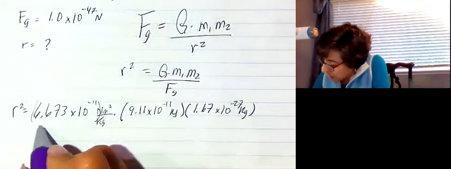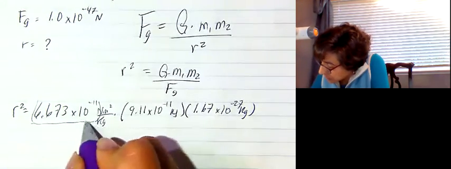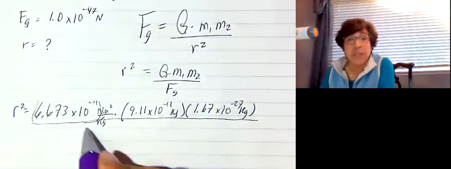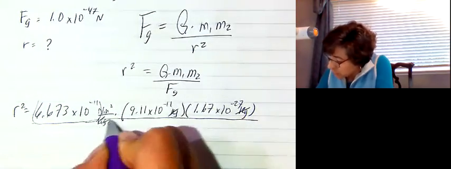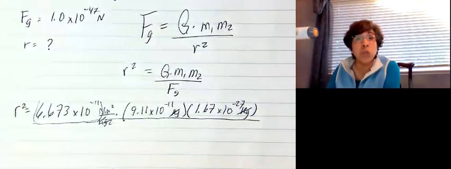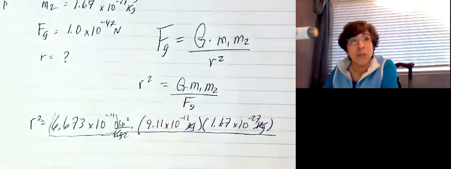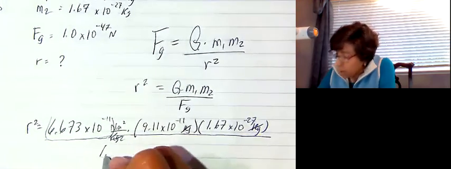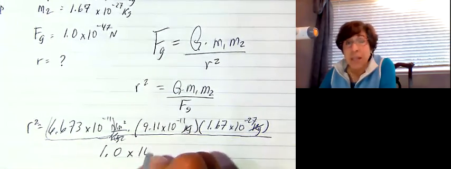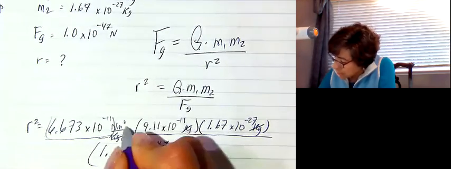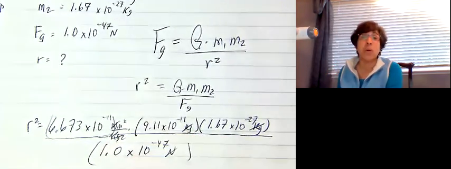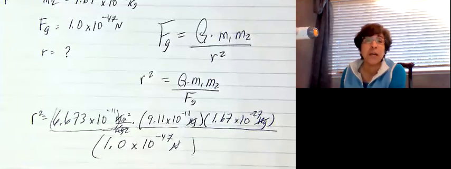All that divided by, now the kilograms is down here, kilograms squared. So kilograms cancels out with my kilograms squared. And the newtons is going to cancel out with the newtons, which is 1.0 times 10 to the negative 47 newtons. Okay, so my newtons cancel out and I'm left with meters squared, which I will square root and become meters.